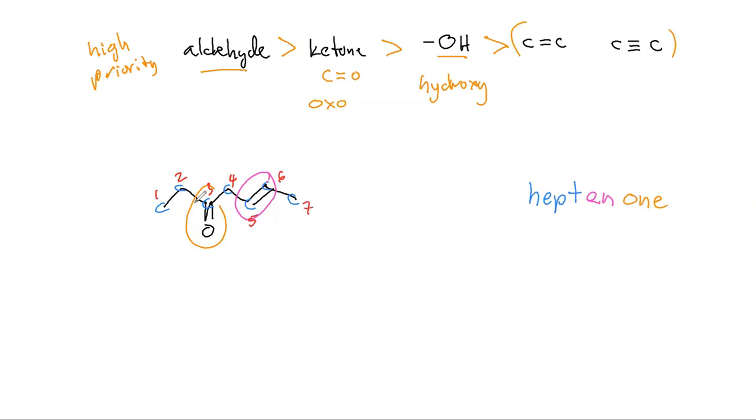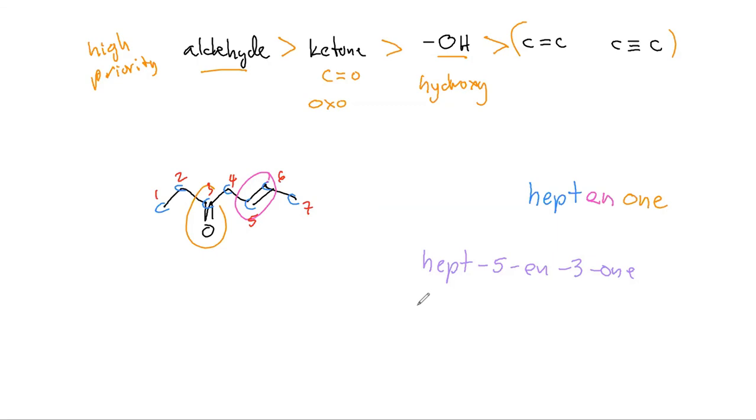So 3 for the -one. The alkene starts at the number 5. And so if we put that all together, it would be hept-5-ene-3-one. Now that's according to the most recent set of IUPAC nomenclature.